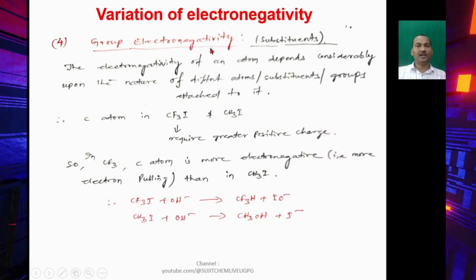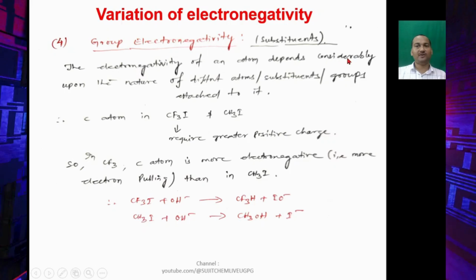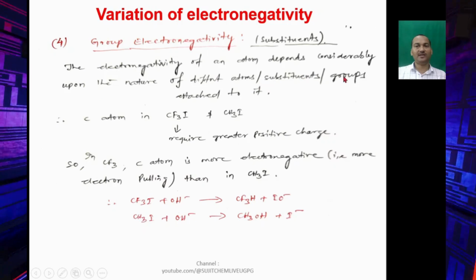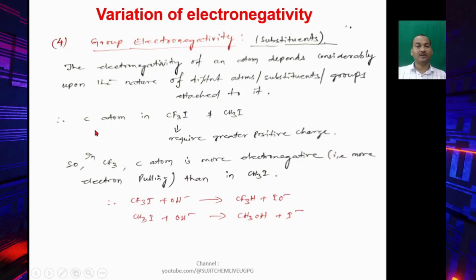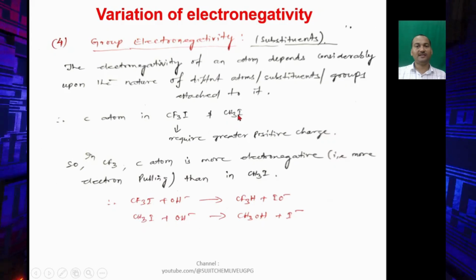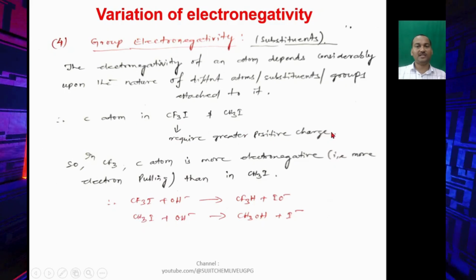Then what is group electronegativity? The electronegativity of an atom depends considerably upon the nature of different atoms or substituents or groups attached to it. Take the carbon atom in CF3I and here it is CH3I. So this CF3I requires greater positive charge.